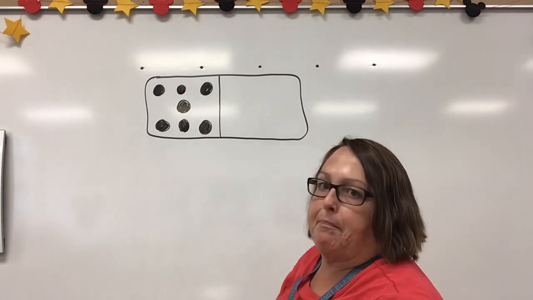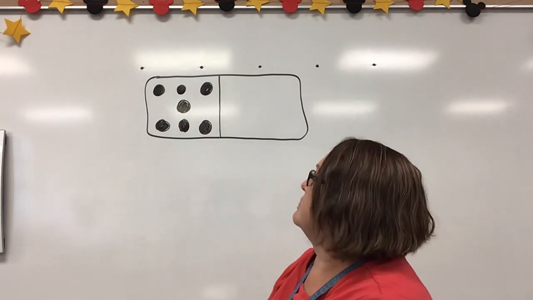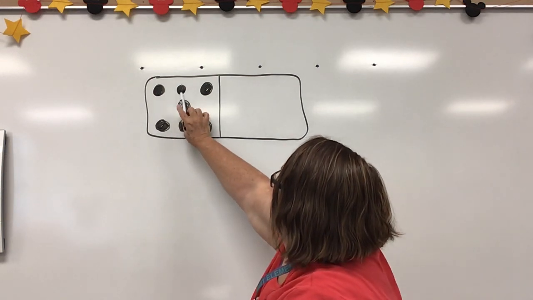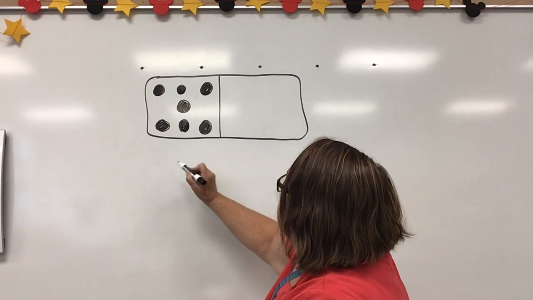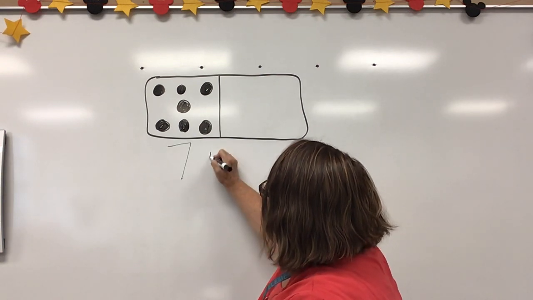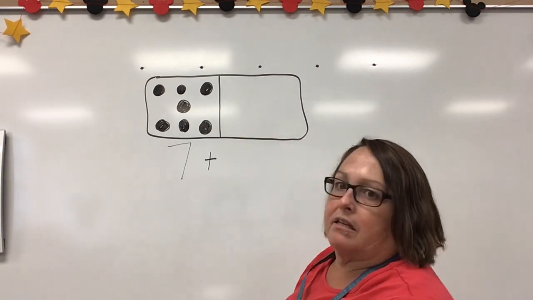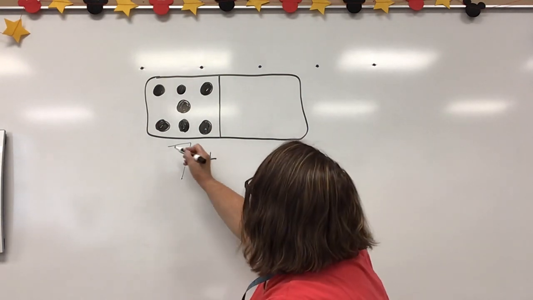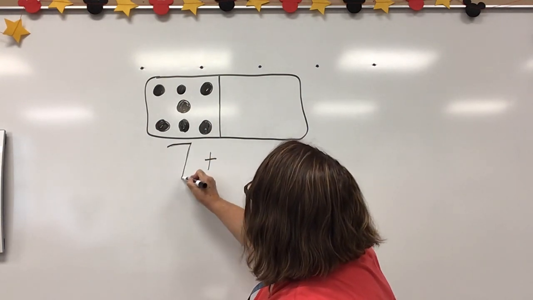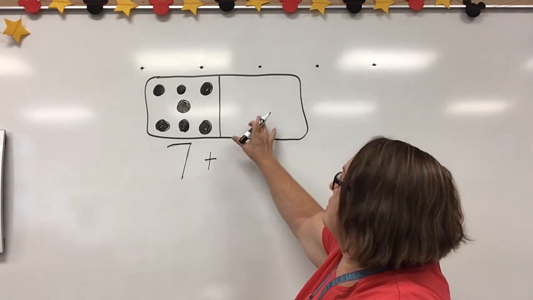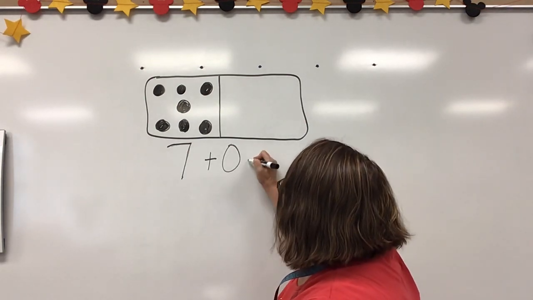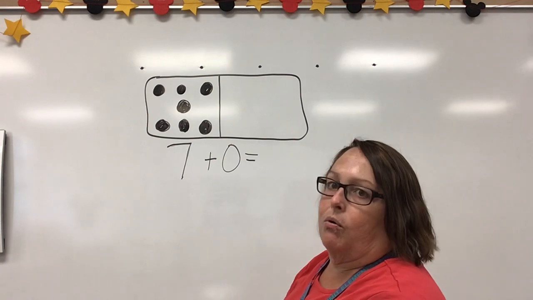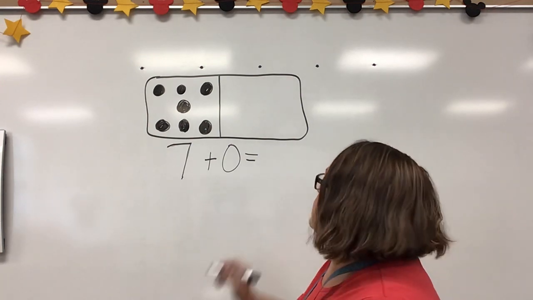How many dots on that part? 1, 2, 3, 4, 5, 6, 7. How many dots on this part? Can't see that 7 very well, can you? Sorry about that. There. 7 plus, how many on this part? There aren't any on that part. But how many are on my whole domino? 7.